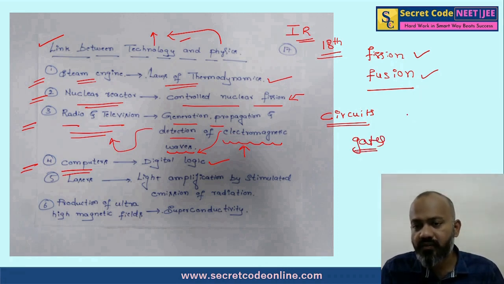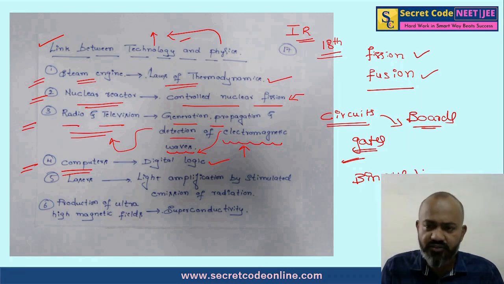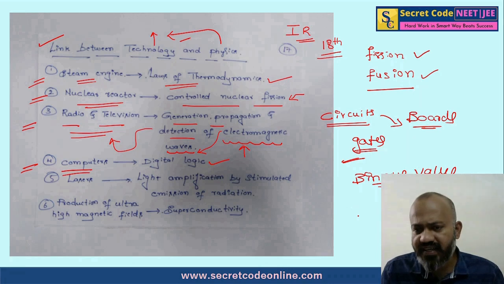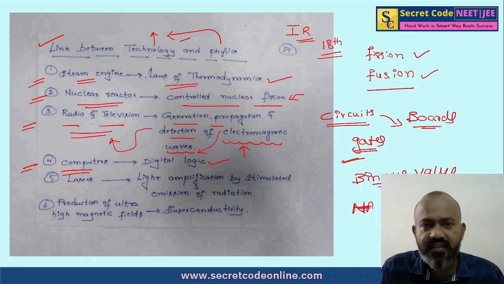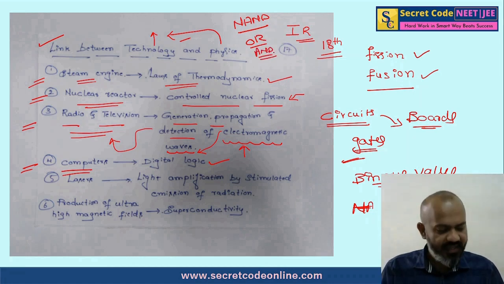In circuit boards they are used. In gates digital logic is used. It is binary logic, so they take binary values, and they use gates like the NAND gate, OR gate and AND gate.